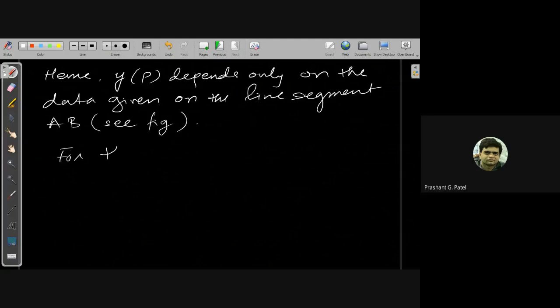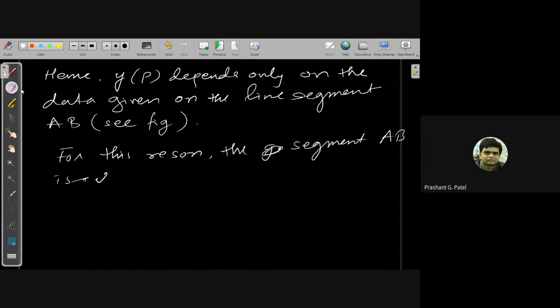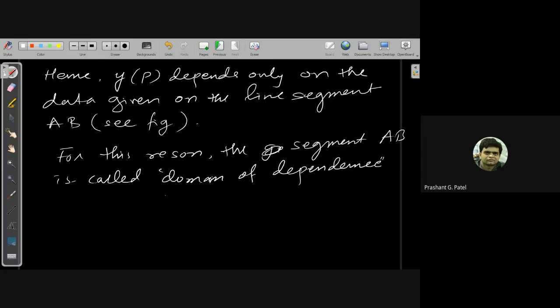For this reason, the segment AB is called the domain of dependence for P.